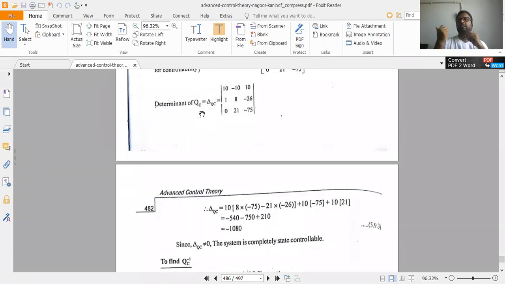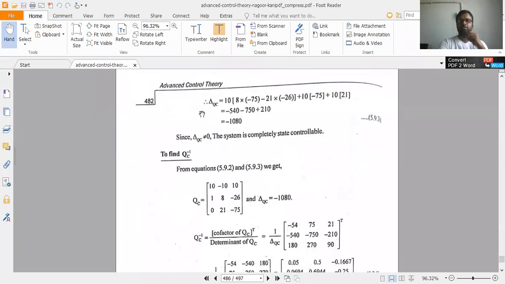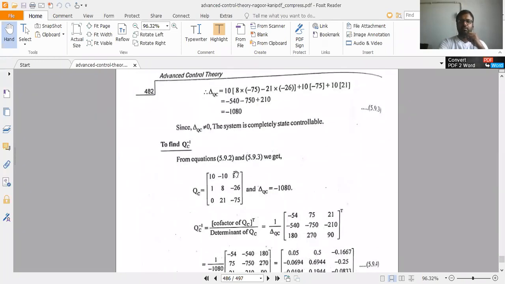QC inverse is the inverse of the controllability matrix QC, and it is determined as the transpose of the cofactor of QC divided by the determinant of QC. That is going to give the value of the inverse of the controllability matrix.